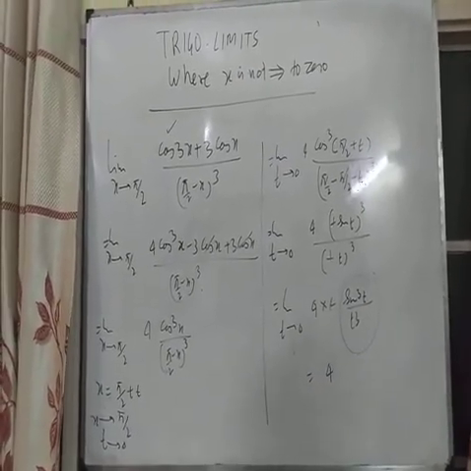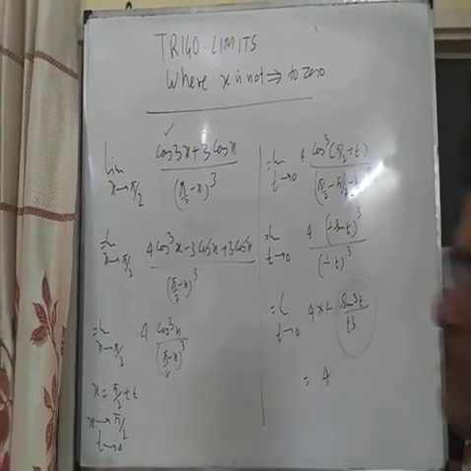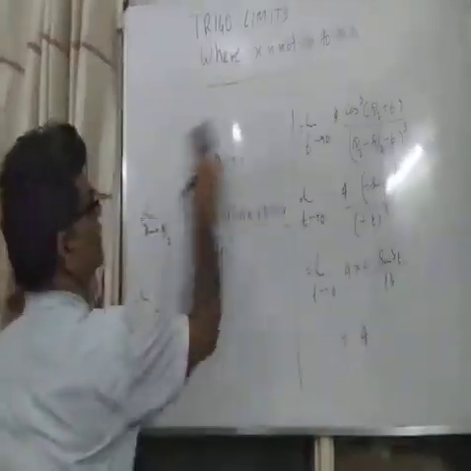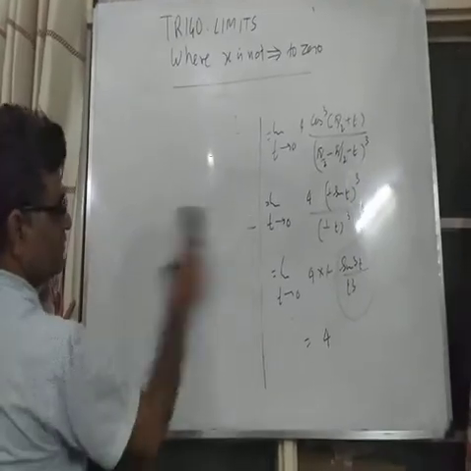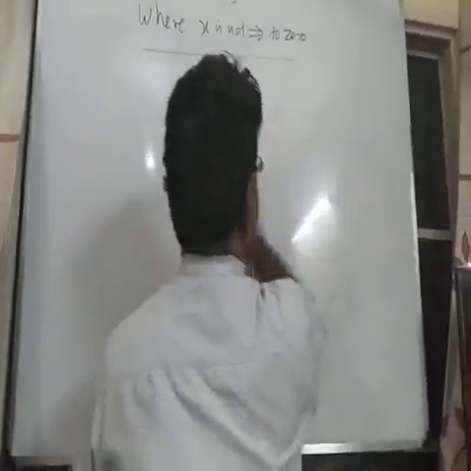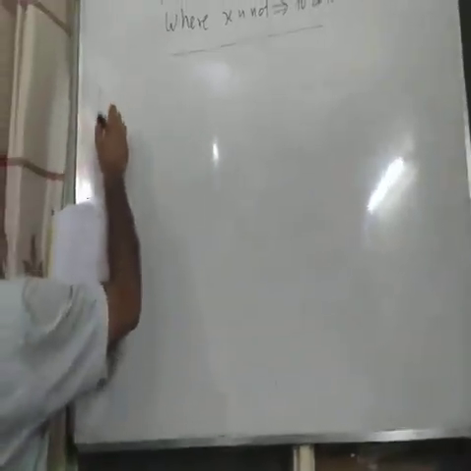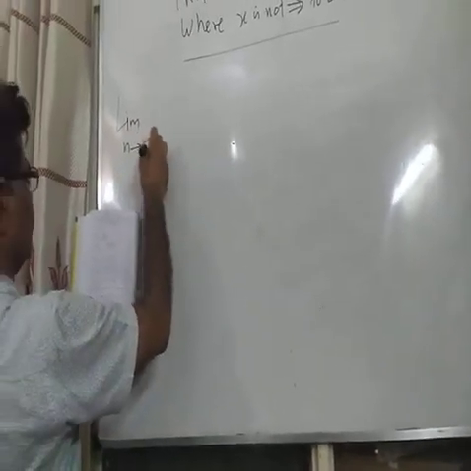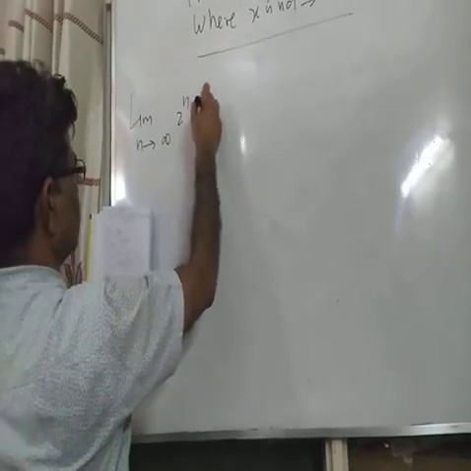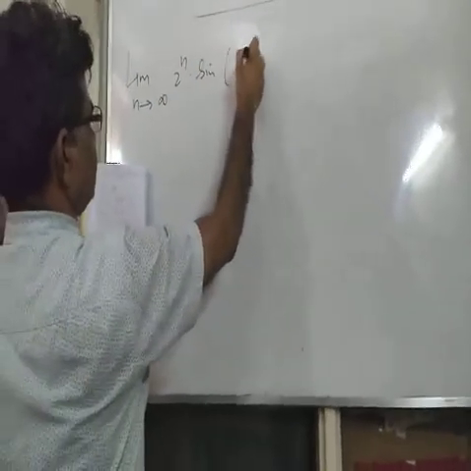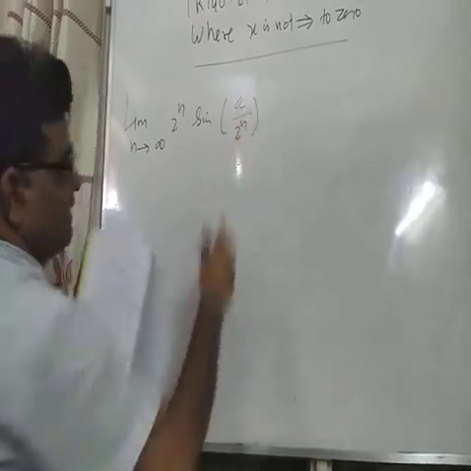Now we are moving to the next question. Now we are taking limit n tends to infinity, 2 to the power n sine of (a upon 2 to the power n).